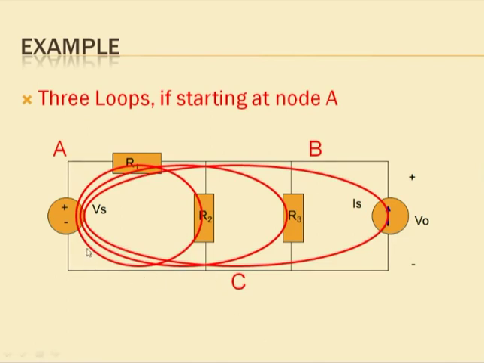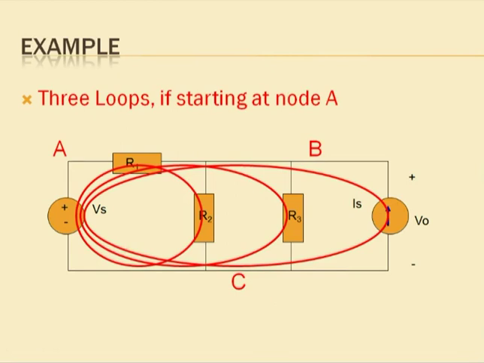Similarly, my third loop starts from point A, goes through resistance R1, then through the current source, and then to the voltage source. So this is my third loop. This is how we define the loop.